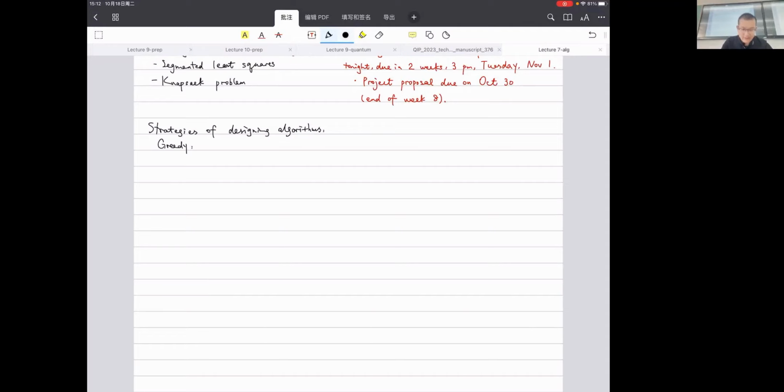Said a little more formally, we are building up solutions incrementally, gradually, from an initial answer to the whole solution that we want. We have some criteria that we use: the greedy strategy is that at each step we optimize some local criteria. That is a very general thought about greedy.